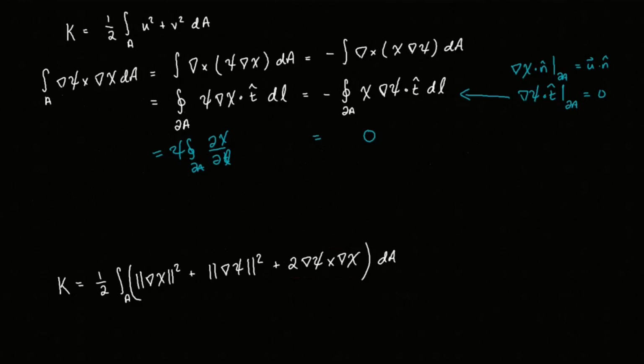So the derivative of chi with respect to l, the boundary length, dl, is in other words just the change in chi along the boundary. And since it's a closed loop, as long as chi is continuous on that closed loop, which I'm going to assume it is, this is 0. So both of these integrals evaluate to 0, which means this is 0.